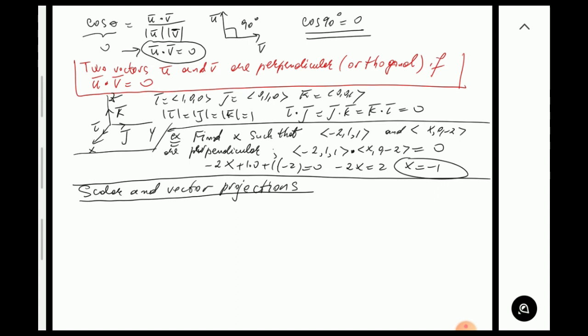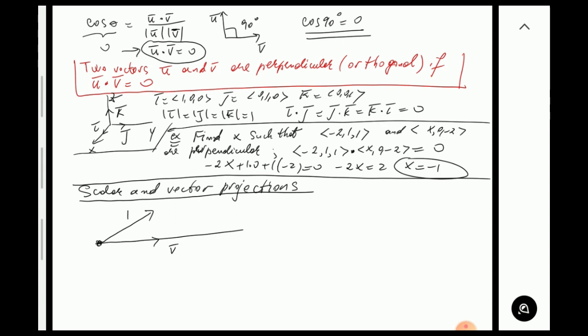So suppose, for example, that you have a vector v, and let's say that indicates velocity, for example, or some other physical quantity. And there is another force acting on the object, but at an angle to the path of that object.